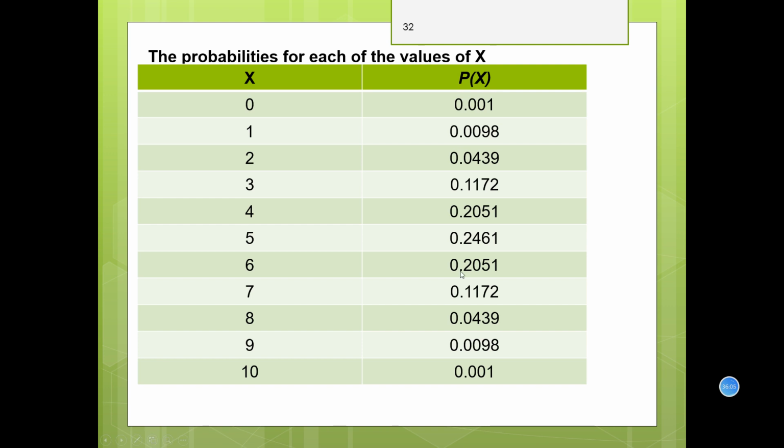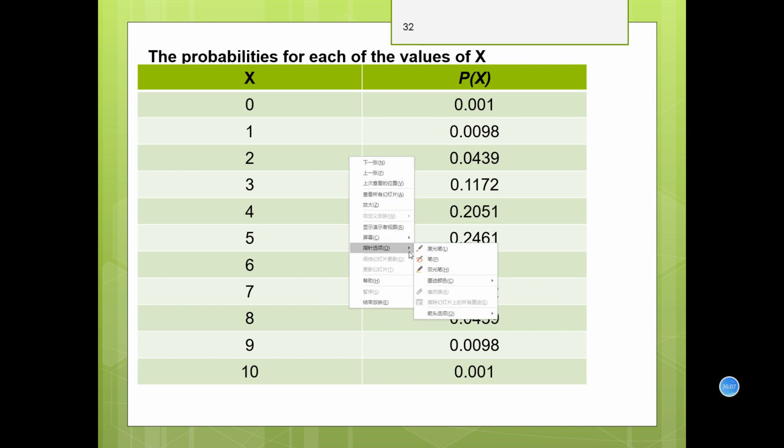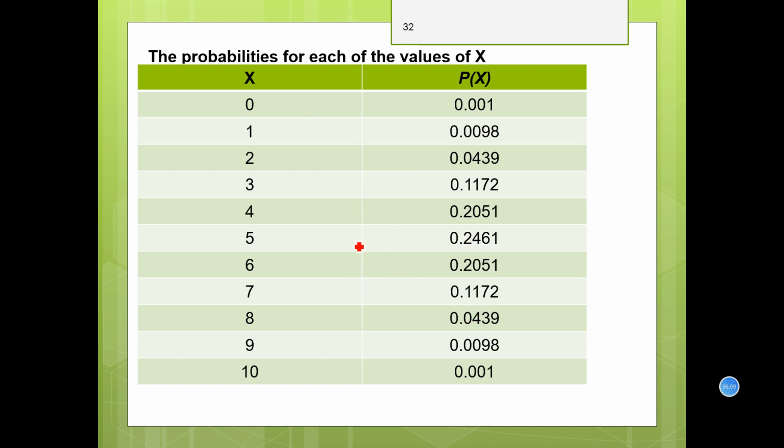So let's think about this question. We said that x means the number of heads in 10 tosses. So what are the possible values for x? That means if we toss the coin 10 times, maybe we can get 10 tails, right?